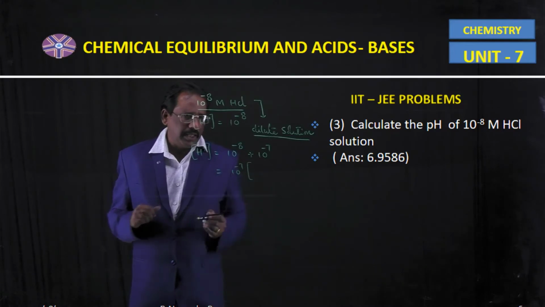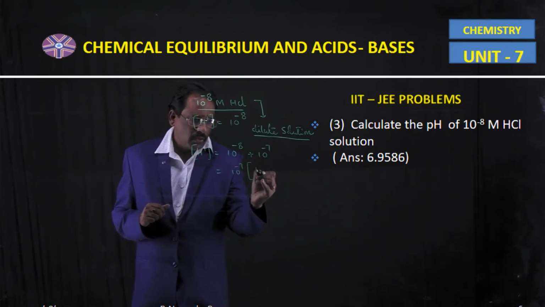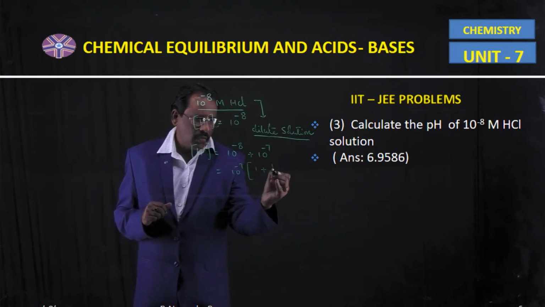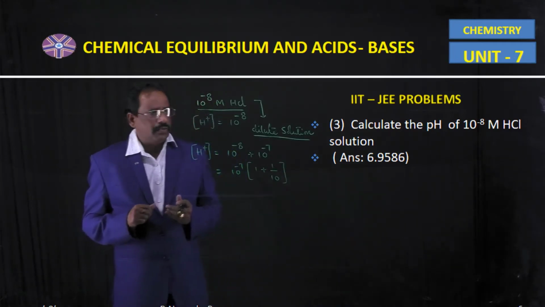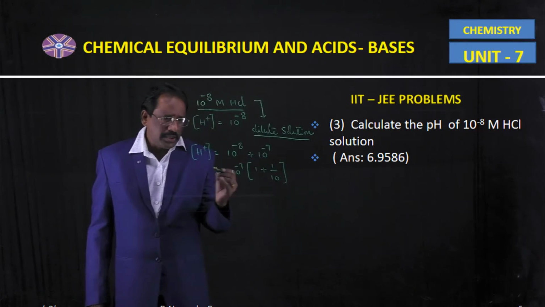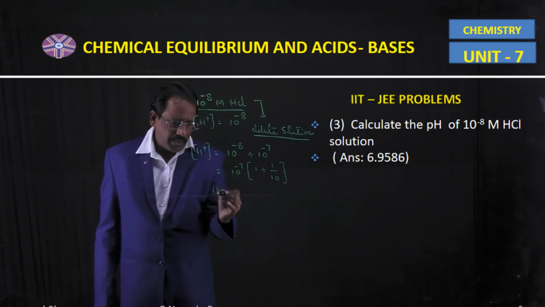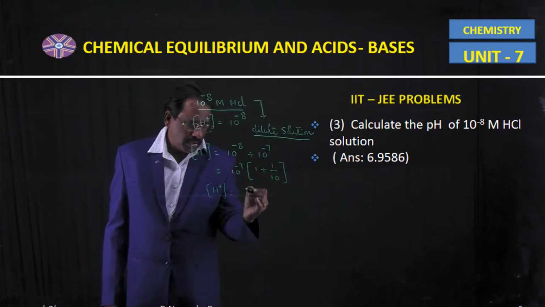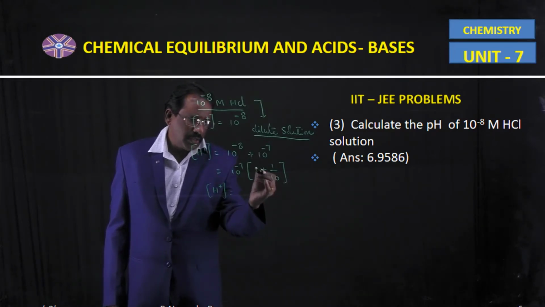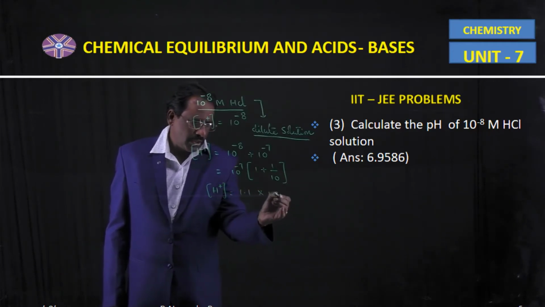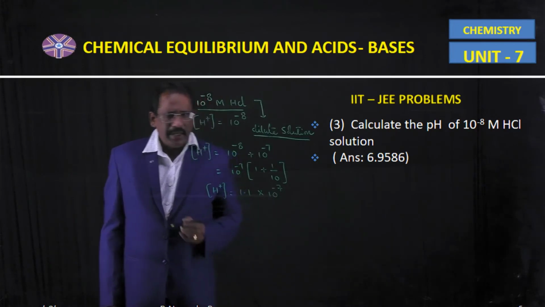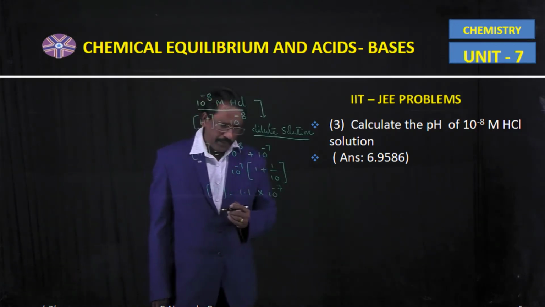So this is equal to 10 power minus 7, common factor is there, so 1 plus 1 by 10 or 1 plus 10 power minus 1. So H plus ion active mass is equal to 11 by 10. That means 1.1 into 10 power minus 7.